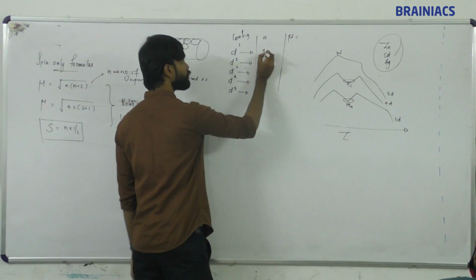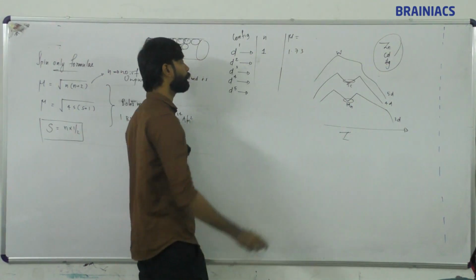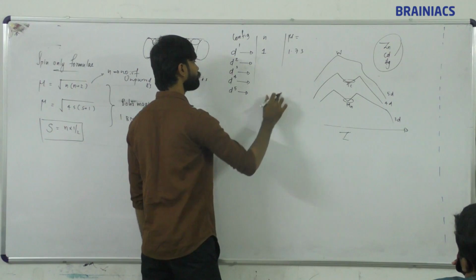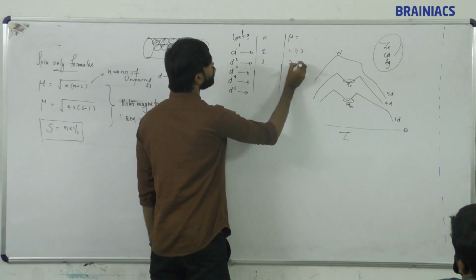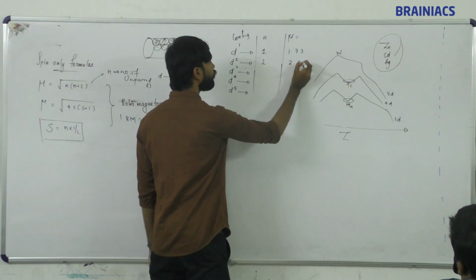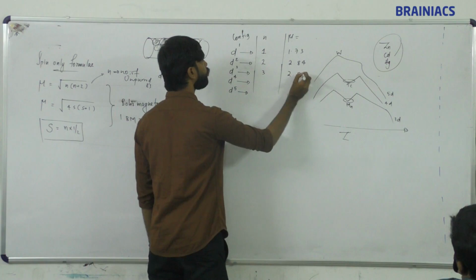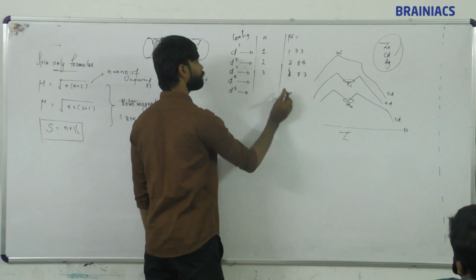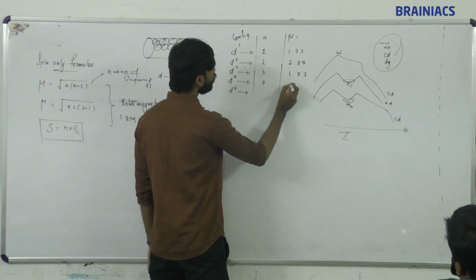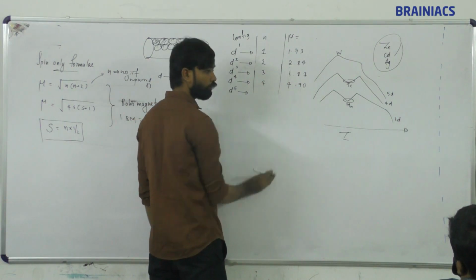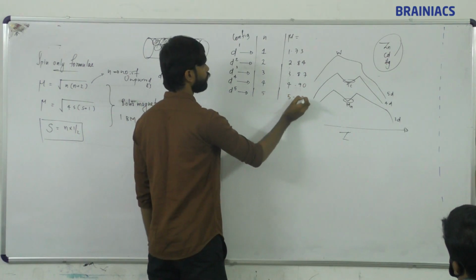If d1, n is 1, root 3, answer 1.7. If d2, n is 2, 2.84. For 3, 3.87. For 4, 4.90. For 5, 5.9.